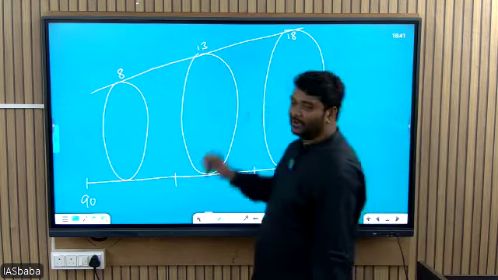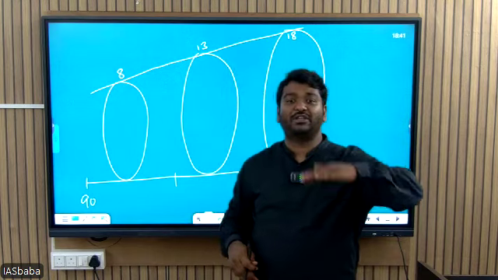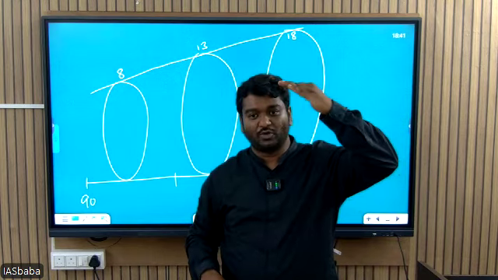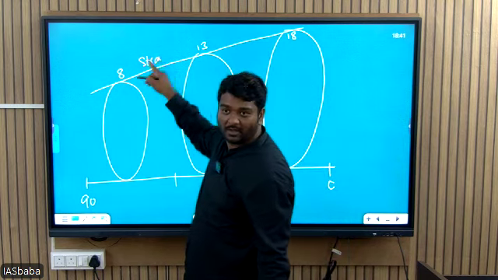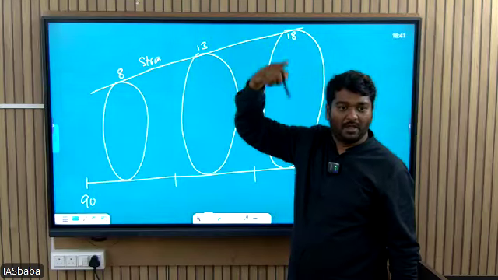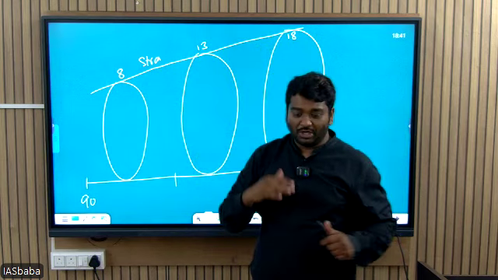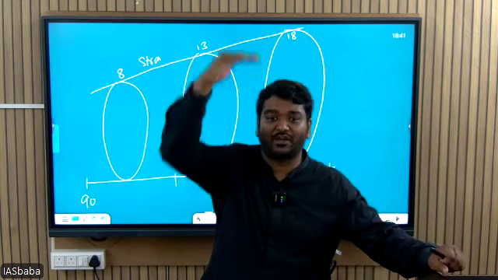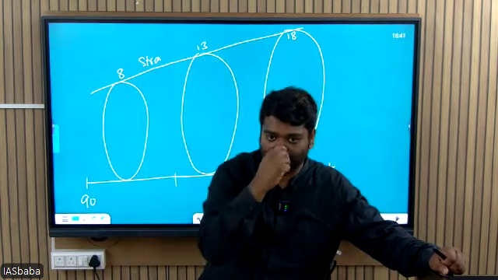So what these people did, they told, most of the aeroplanes will go in the stratosphere, that too the lower stratosphere. For them, this is stratosphere. For us, stratosphere means above 18 kilometers. So Europeans and all go in this region. So they told 12 kilometers from the ground will be controlled airspace.